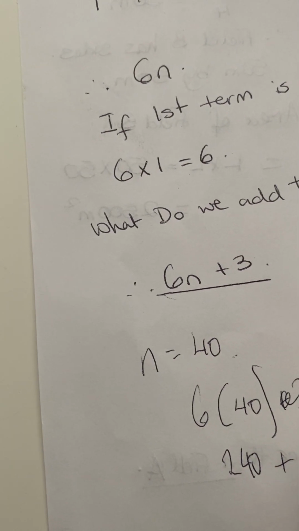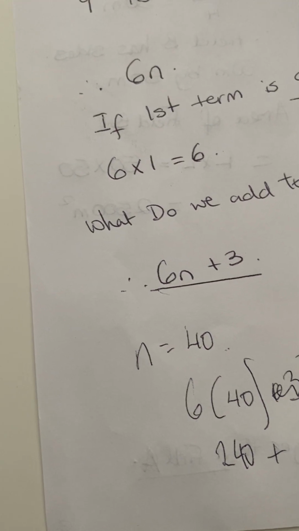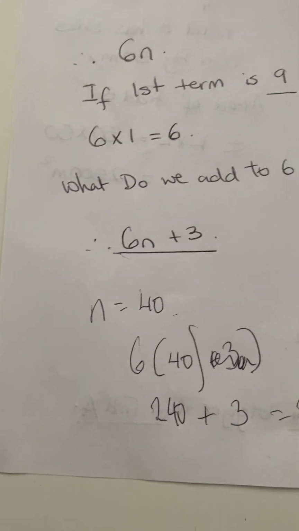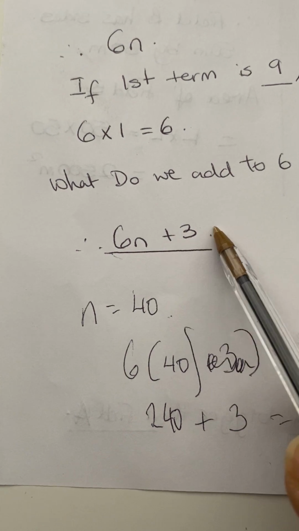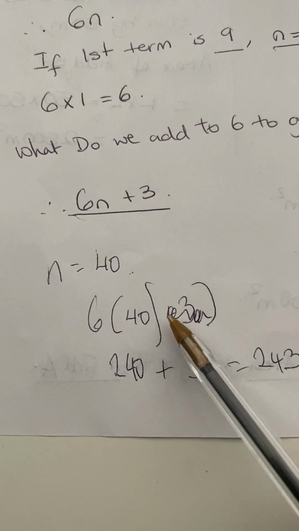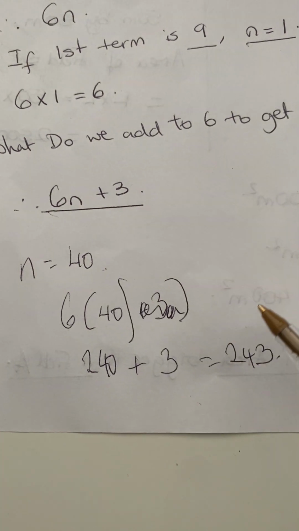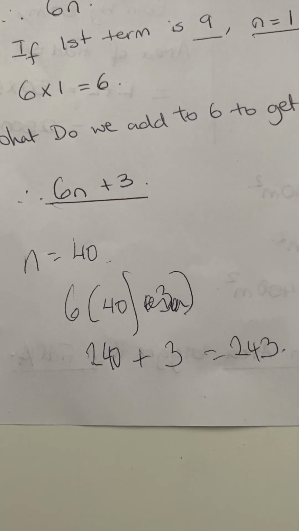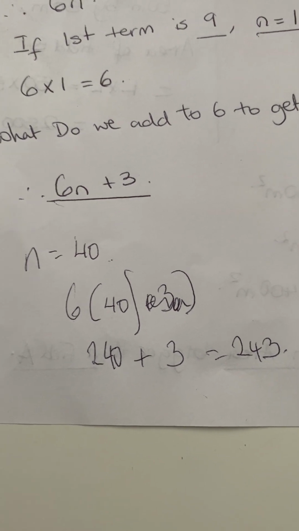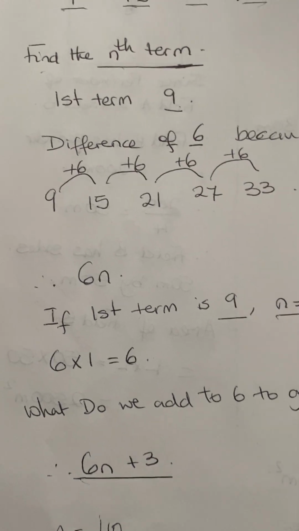Add 3 will be 243. So just by deducing 6n add 3, you can find the 40th term, the 100th term, the 2001 term. You don't have to just sit down and be adding 6.